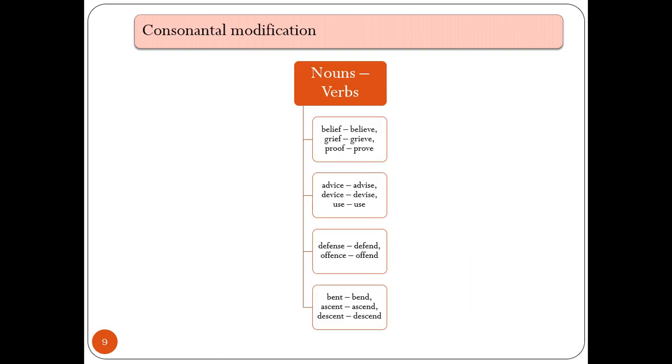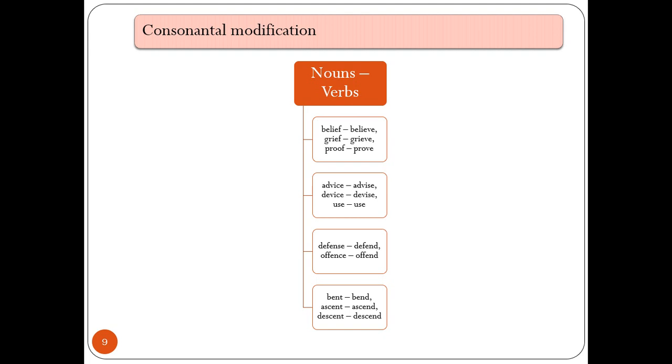Consonantal modification is basically where the consonant is changed. For example, we have belief and believe. So the f sound is replaced by the v sound, from noun to verb. And then we have grief and grieve, proof and prove, advice and advise, device and devise, and use and use.